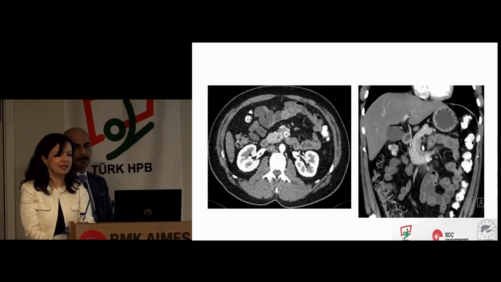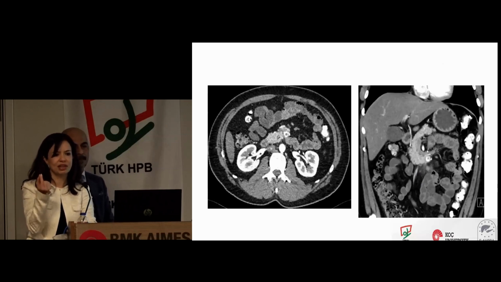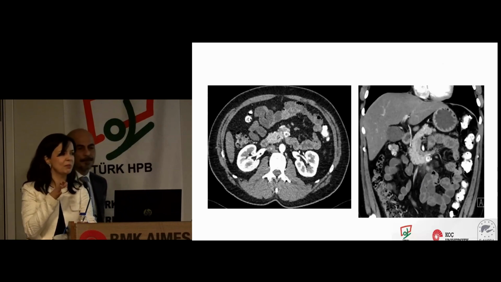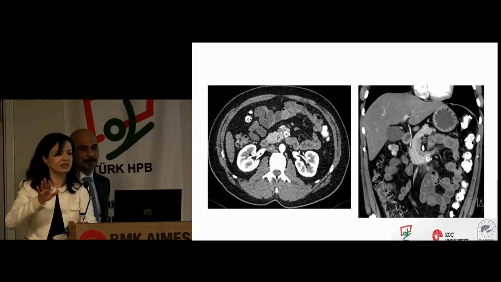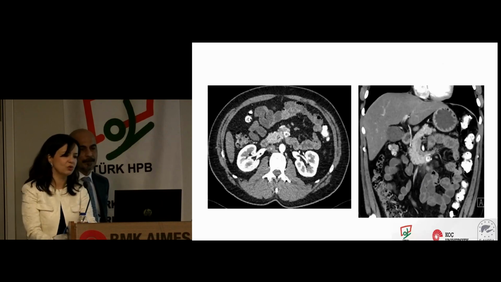There was another mass, similar in density, and both had millimetric calcifications inside, but this mass was different. It was adjacent to the pancreatic uncinate process, giving the impression of a pancreatic tumor, a hypervascular tumor with an exophytic growth.